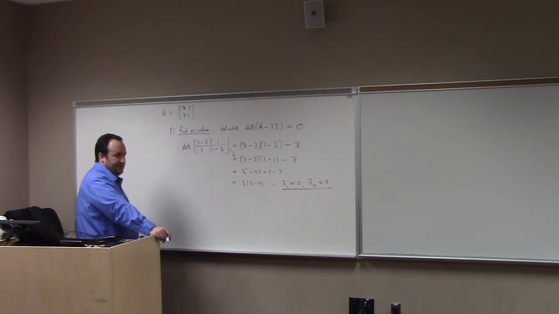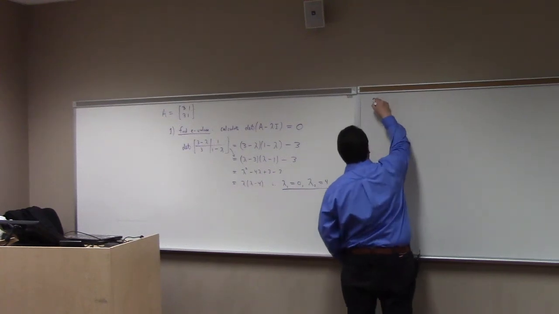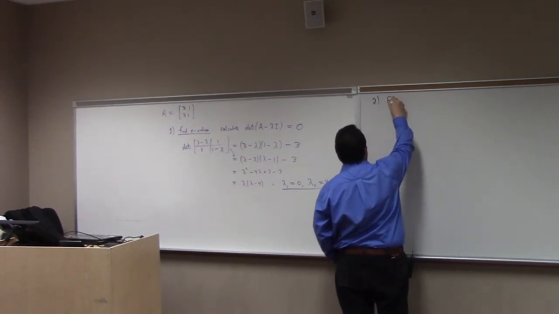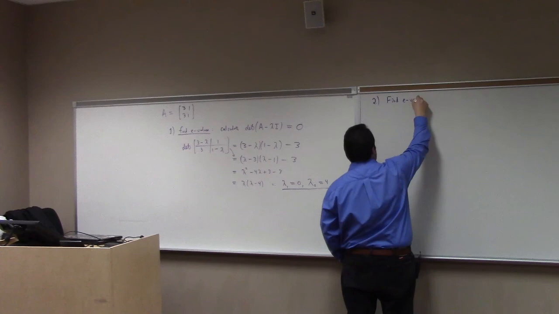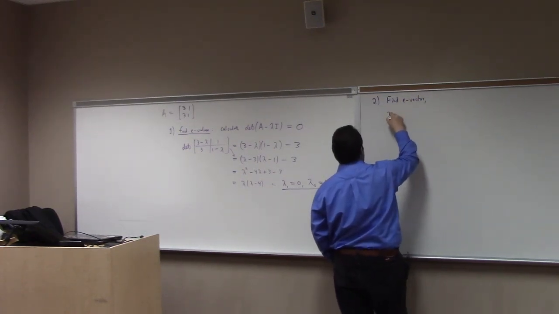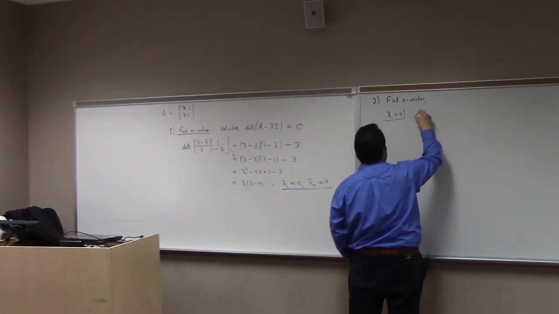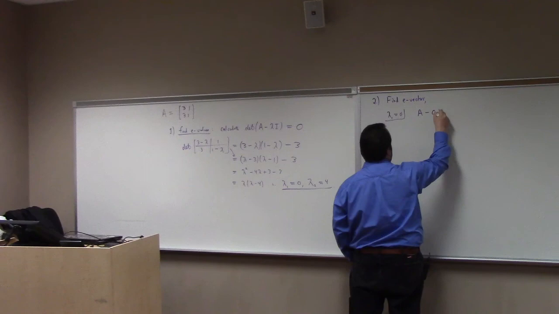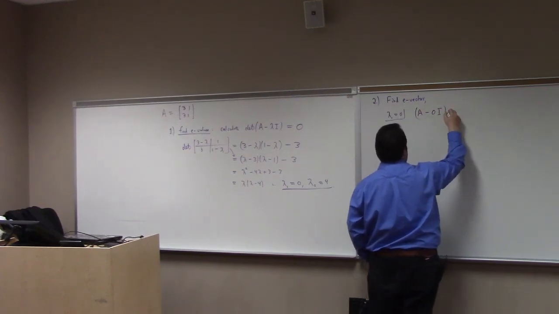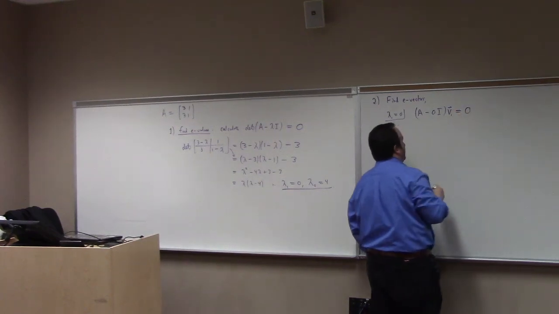So what are the eigenvectors then? So let's see here. For lambda 1 equal to 0, we're trying to solve A minus 0 times I times some vector, let's say v1, equal to 0, right?